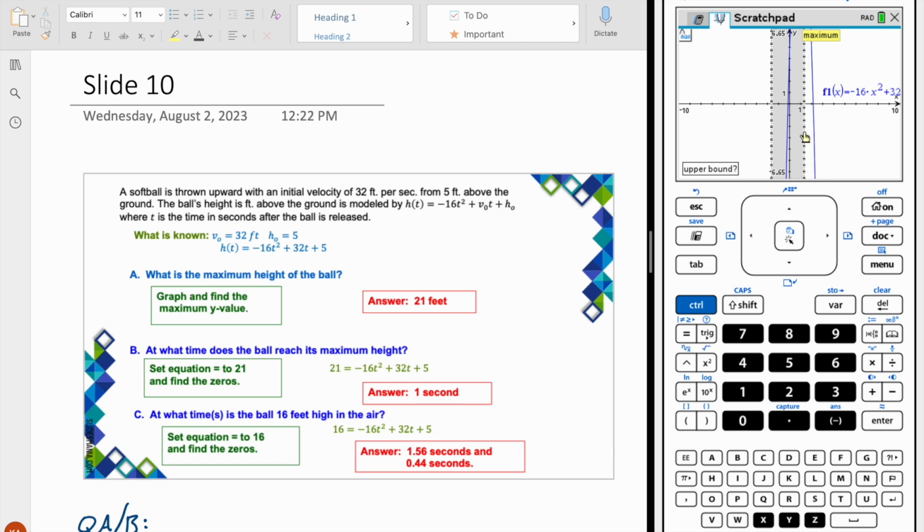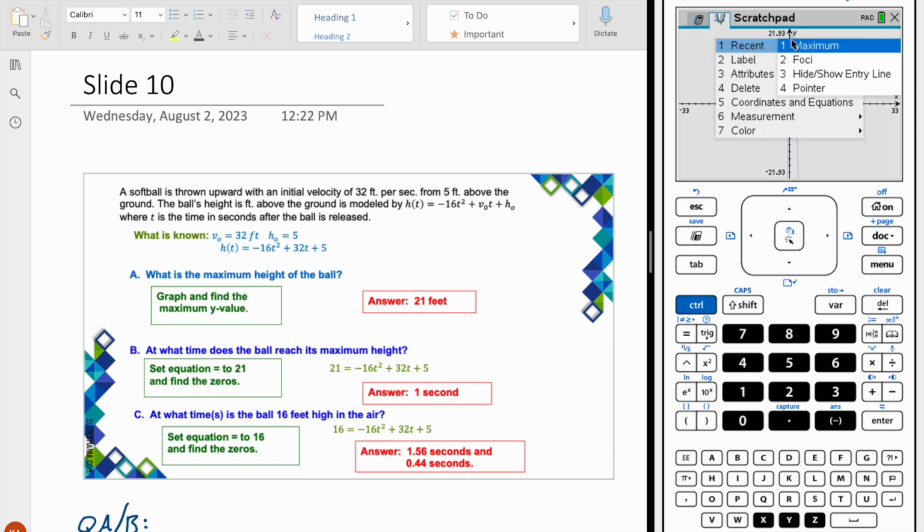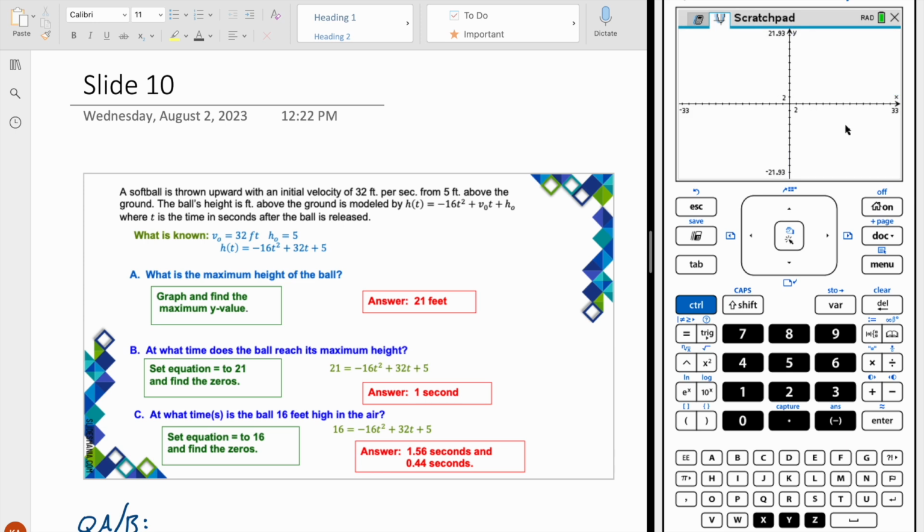Based off what you have selected, it is telling you what that maximum is. In this case, we selected a random point on the graph. And what we're going to do is just run that problem one more time.